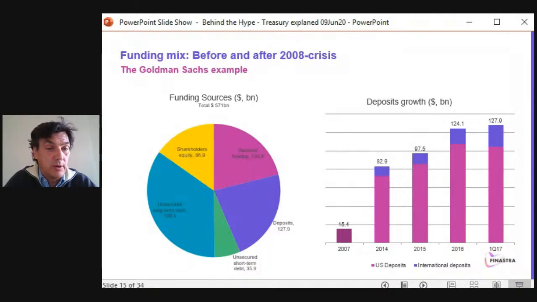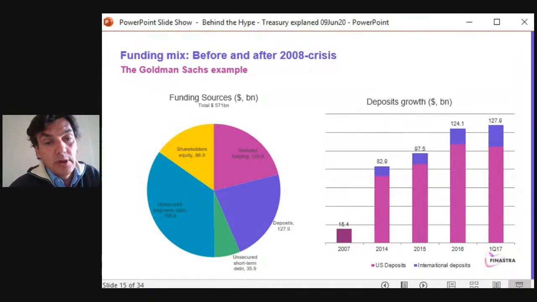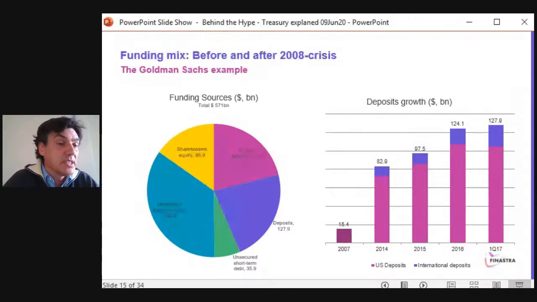They bought part of GE Capital in 2014, and since then they have a deposit part in their funding mix that is quite huge. As you can see, it has increased over time up to 2017, where the deposits have reached something like $100 billion. So it's a very cheap way to fund yourself.